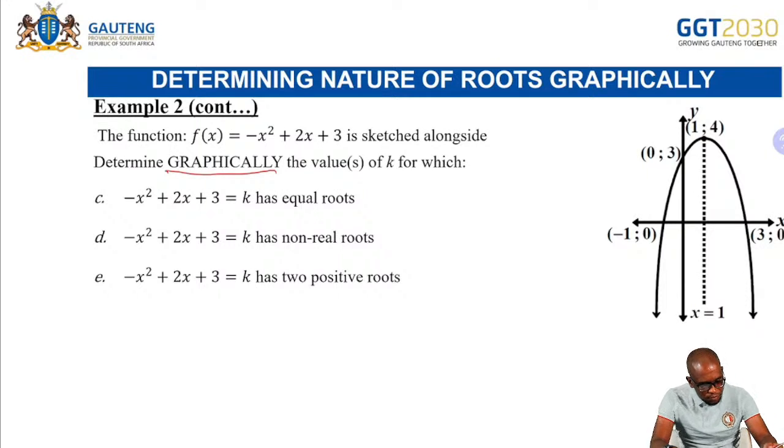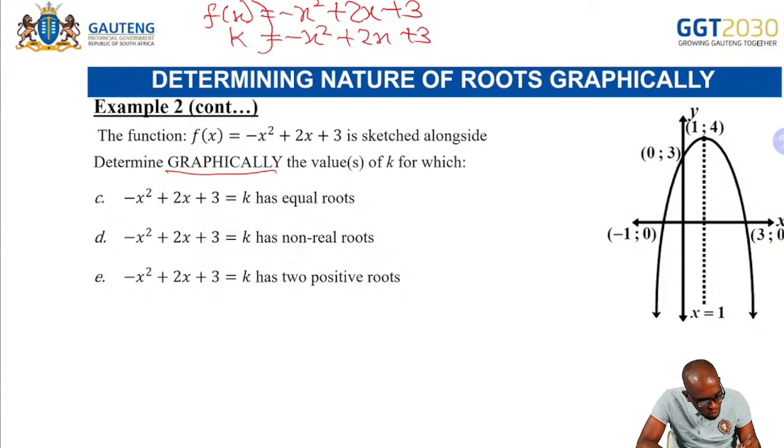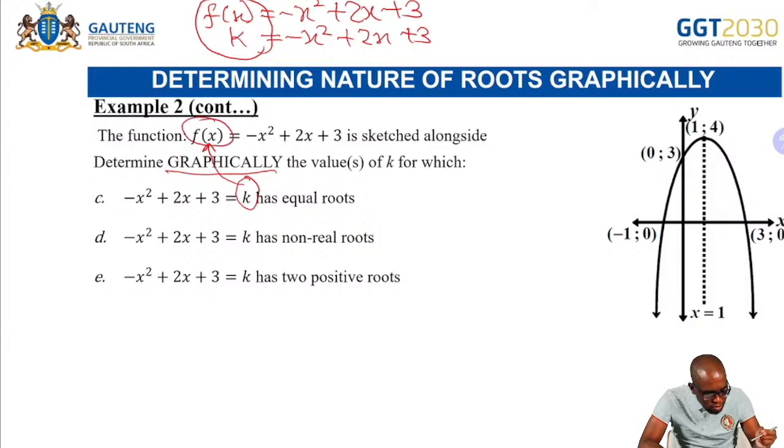for which. Now if you compare f of x equals negative x squared plus 2x plus 3 with the question that is given, k is negative x squared plus 2x plus 3, you can see that the only change they made here was that in the place of f of x, they put in what?